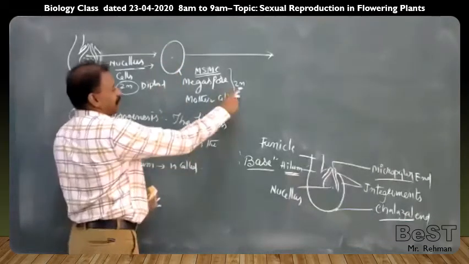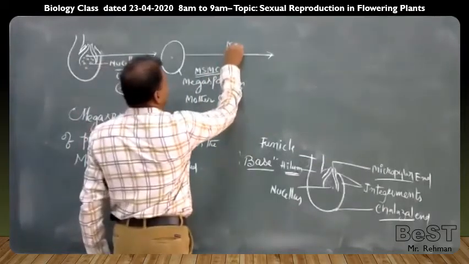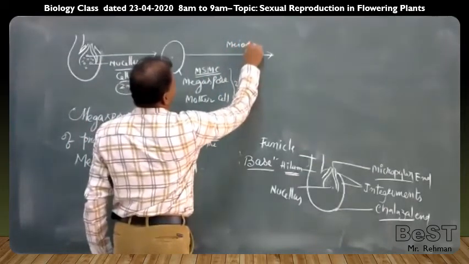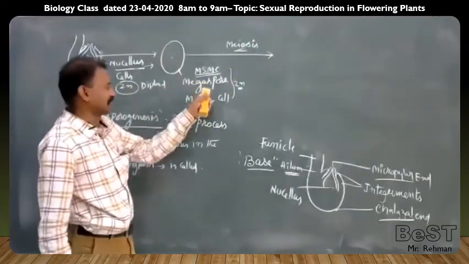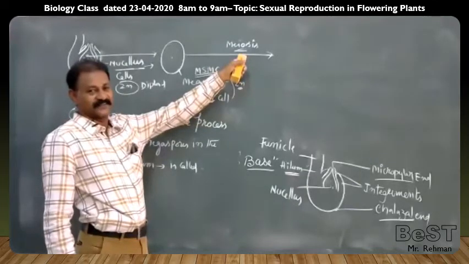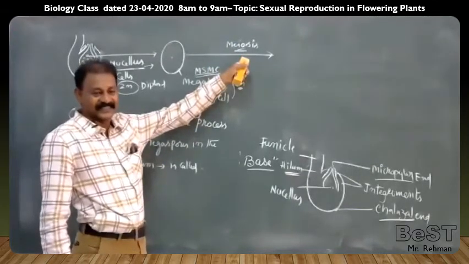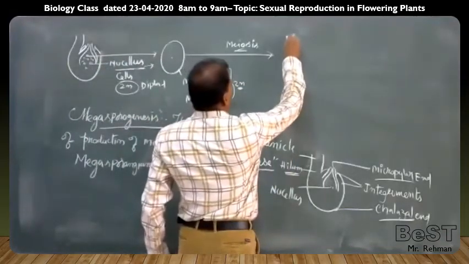This diploid megaspore mother cell undergoes meiosis. One megaspore mother cell, one meiosis. When it undergoes meiosis, it will produce 4 megaspores.